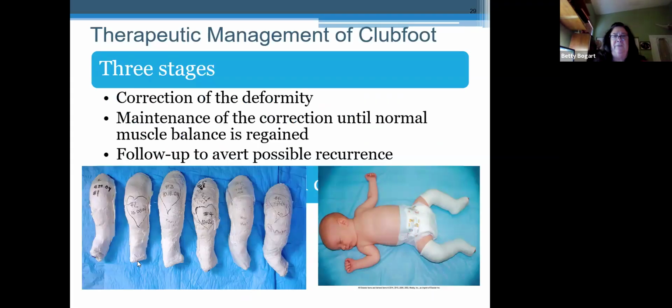So we're going to do something called a Ponseti method here. And what we do is called serial casting. We will put on, every week, a new cast, because remember, they heal so quickly.